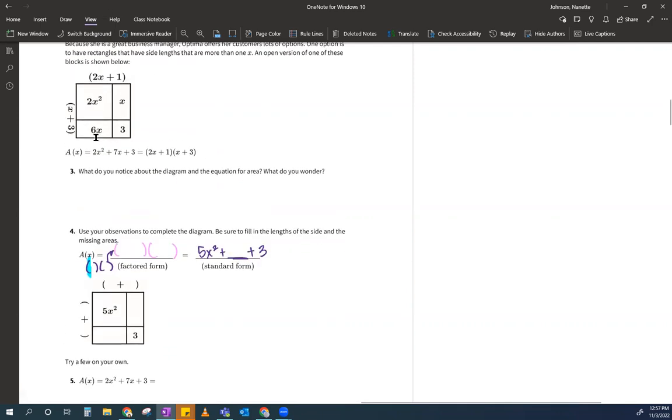So let's look at this guy really quick. Tell me what you see. Think about how we've been using this, and tell me how you know that this answer here outside, the length and the width, is correct for this area. How do you know this length and this width is correct for this area?